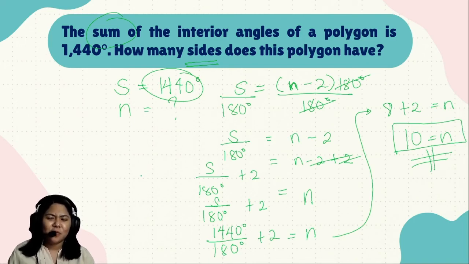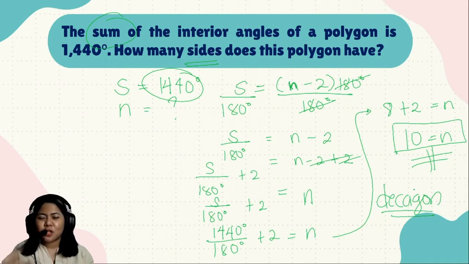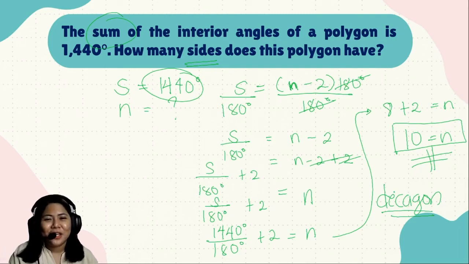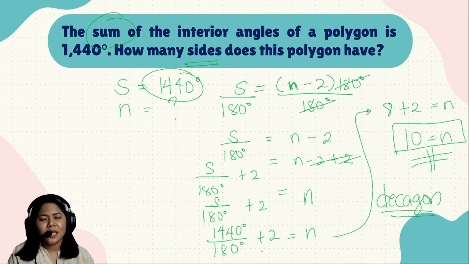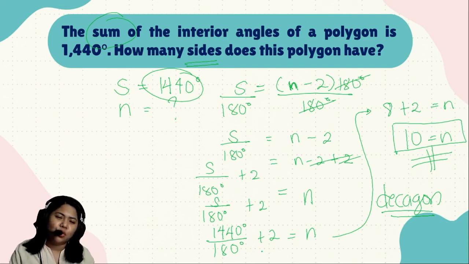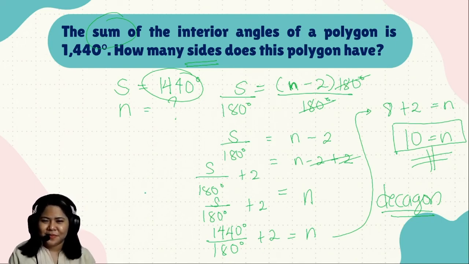Therefore, anong polygon ang tinutukoy sa problem na to? We're talking about a decagon. At kung naaalala niyo yung ginawa natin kanina, you can answer this even without solving. But basically, I would like to show to you that you can always manipulate the formula given. Okay? Next.